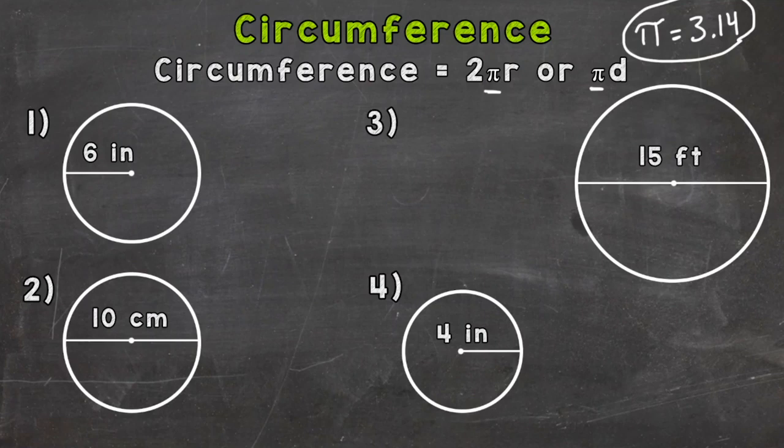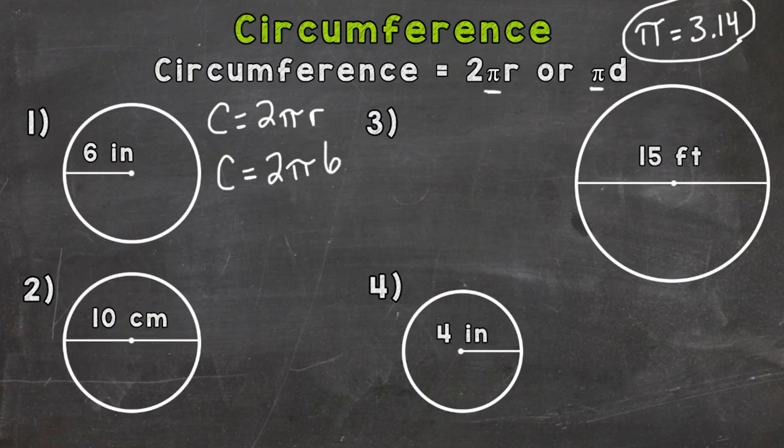For number 1, we have a circle with a radius of 6 inches. The first thing we want to do, it's always a good habit, is to write out your formula first. So we have circumference equals 2 times pi, and we are given the radius, so I'm going to use the radius formula. Then let's plug in our radius: 2 times pi times our radius of 6.